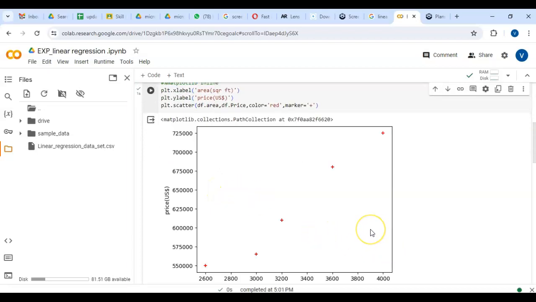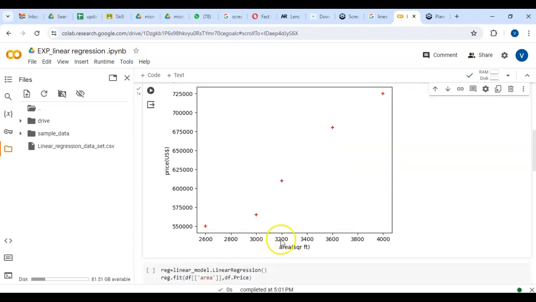In machine learning, this is a very important part: all the data should be plotted, because once the data is plotted, we can find the relationship between the output and the input. Here this is the area and this is the price. This shows that the relationship can be linear.